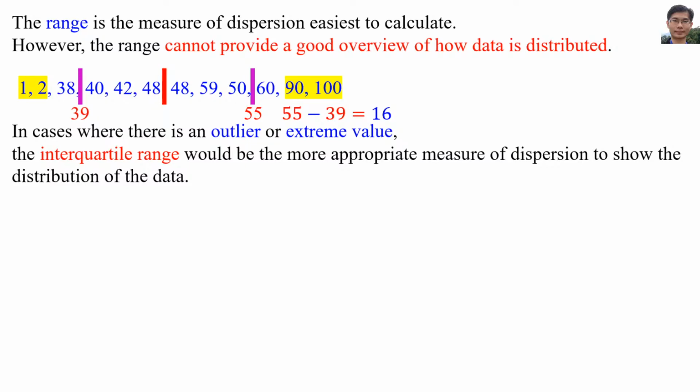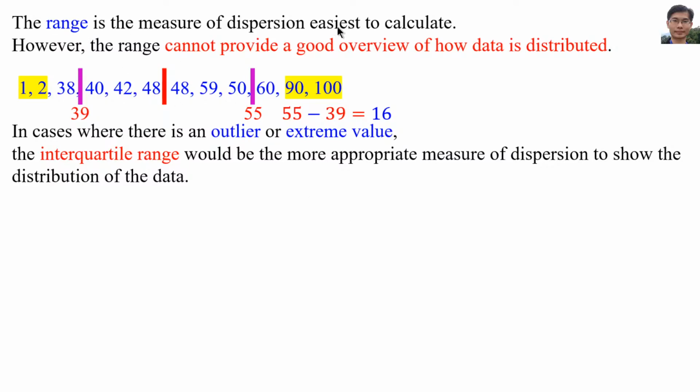Understood? So the interquartile range is a better way to measure the dispersion compared to the range.